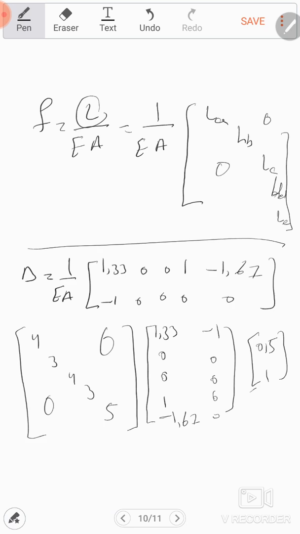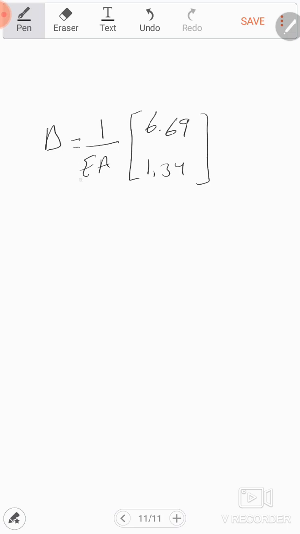After you multiply these matrices, you will get a value like this. Delta equals 1 over EA, because in this example we don't have the value of EA, so just take it as constant. But if we have the values, just multiply by this matrix, you will get exactly the value of displacement.